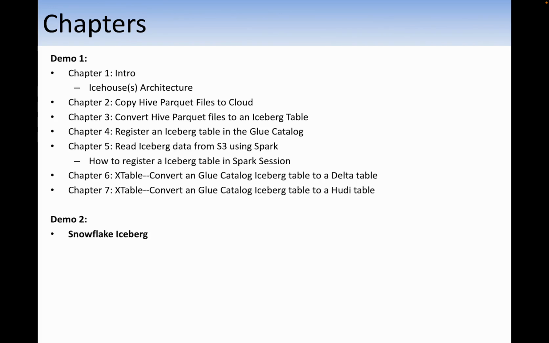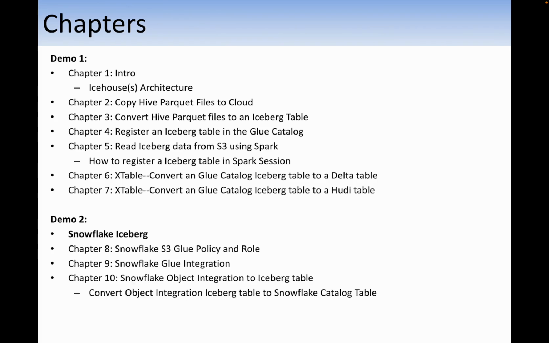In another demo later, you already have an Iceberg table managed through Glue, but you want to access this Glue catalog Iceberg table from Snowflake. If you don't have access to Glue from Snowflake, we will show how to access your Iceberg table from Snowflake using object integration. That's what we're going to show in the next demo.